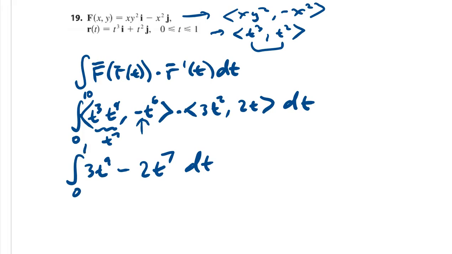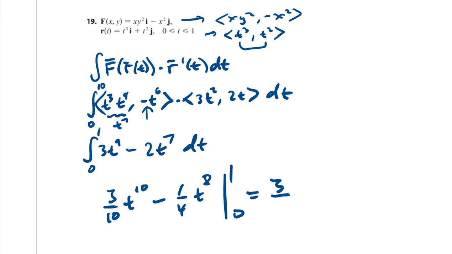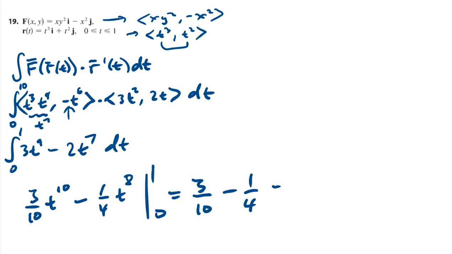We'll do 0 to 1 first, and then we'll see what happens with 10. So now this is 3 over 10 t to the 10th minus 2 over 8, which is 1/4, t to the 8th, from 0 to 1. So this is 3/10 minus 1/4. 20 goes into both of them, so this is 6 minus 5, so this is 1/20th, which makes sense because there wasn't much going on.